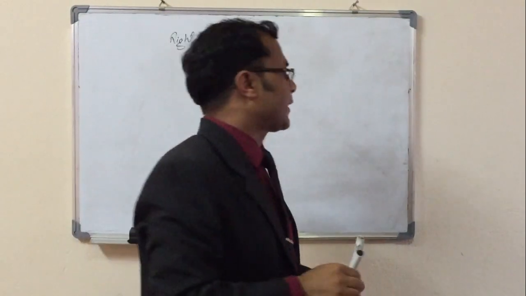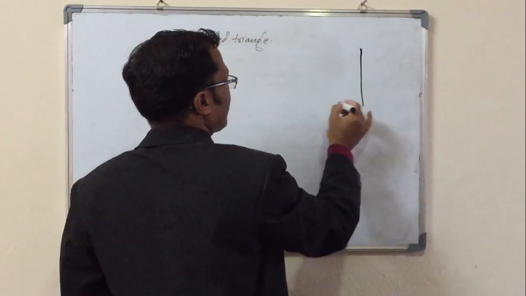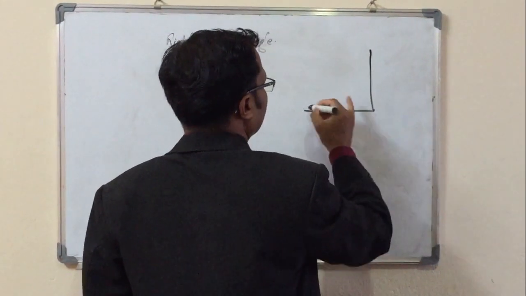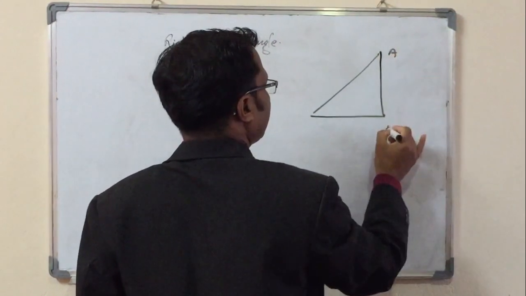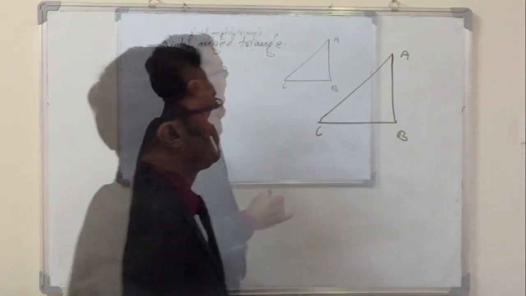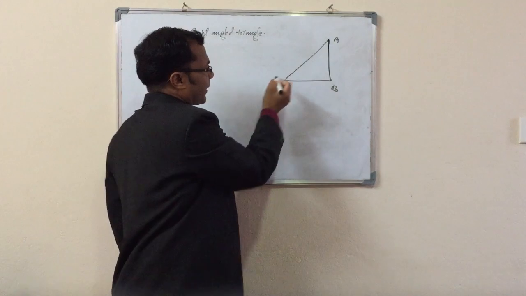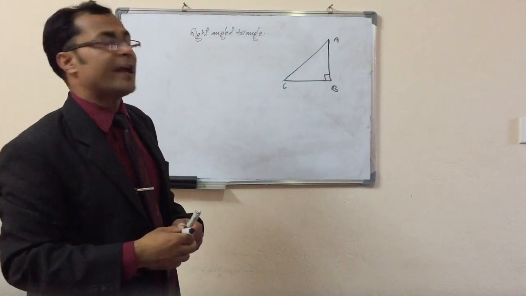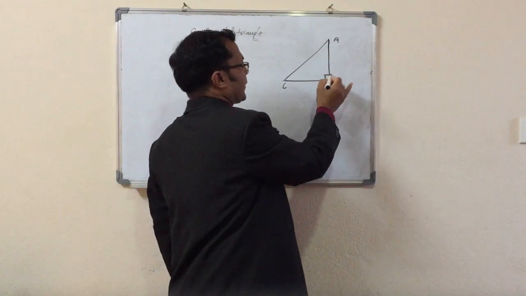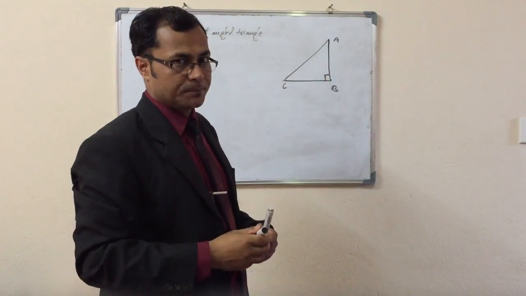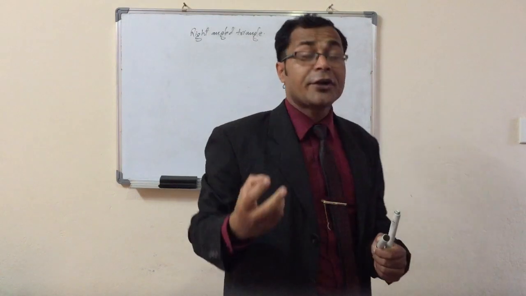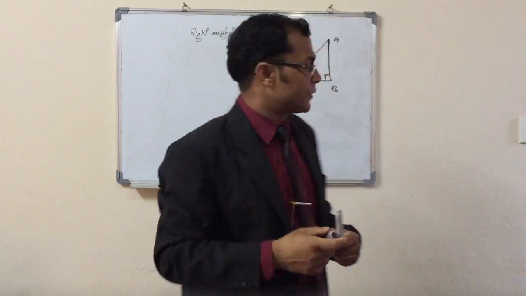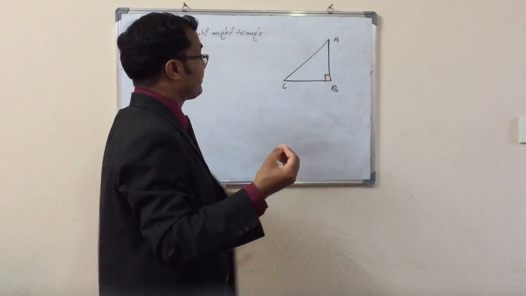So what is a right angle triangle, dear students? Look here: A, B, C. I've taken one right angle triangle. As you all know, a right angle triangle means a triangle having one right angle. The entire trigonometry is based upon the right angle triangle; you just have to understand its basic properties.